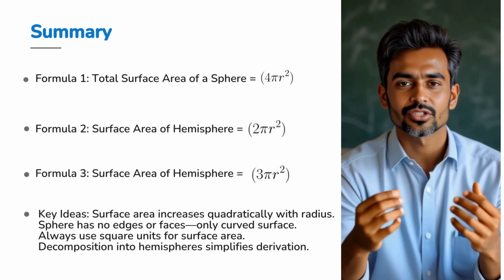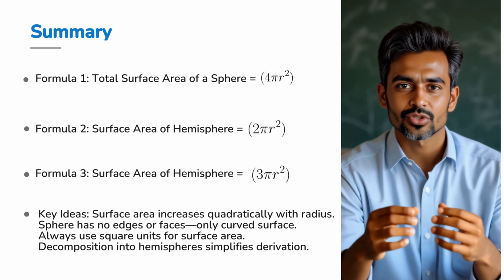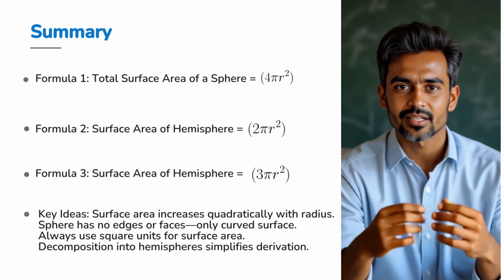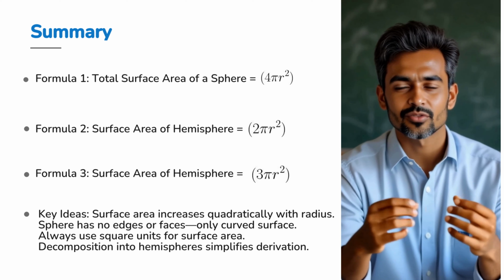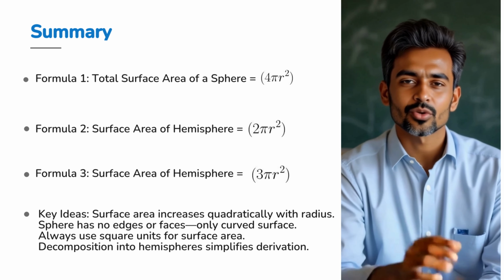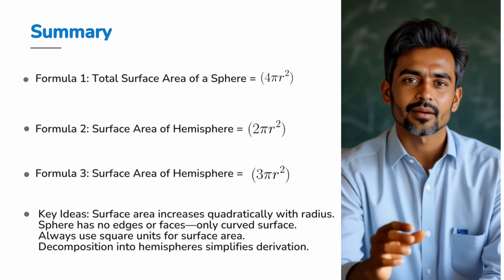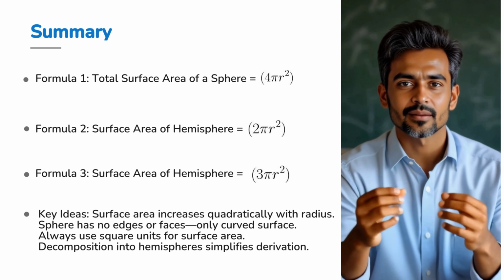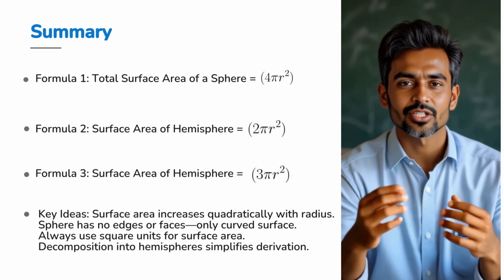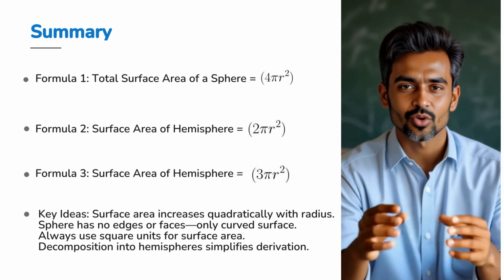Excellent. To wrap up today's session, let's recap what we've learned about the surface area of a sphere. First, the main formula, total surface area of a sphere equals 4 pi r squared. Second, for hemispheres, the curved surface area without the base is 2 pi r squared. With the base included, it's 3 pi r squared. Remember these key ideas. Surface area depends on the radius squared. That means it increases quadratically as the radius grows.